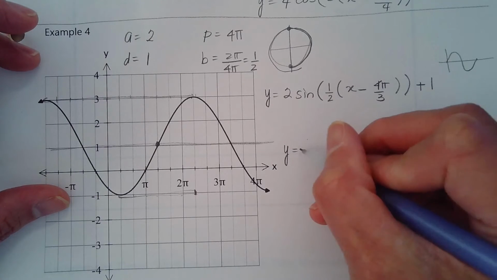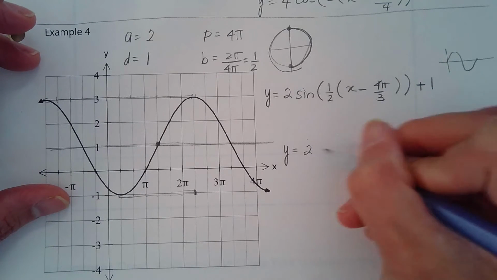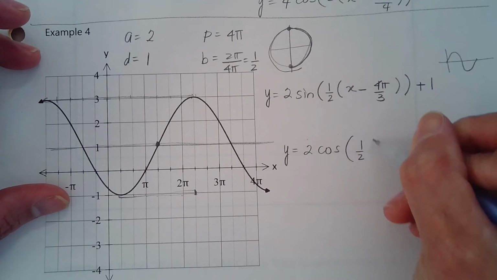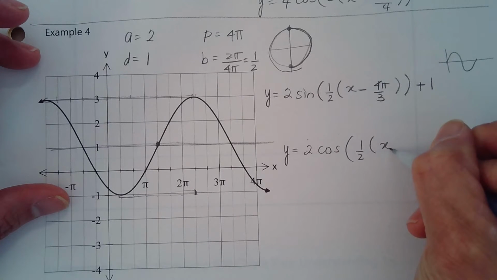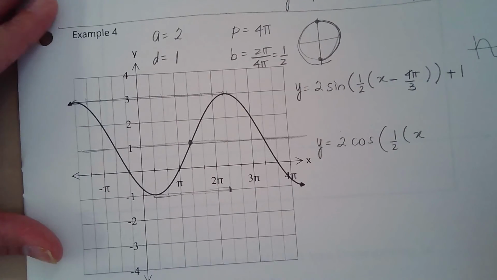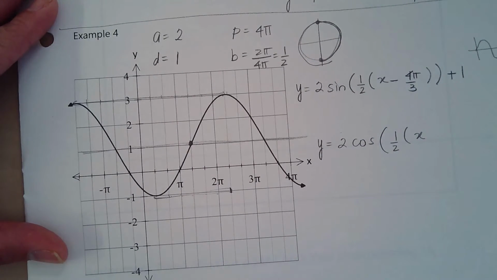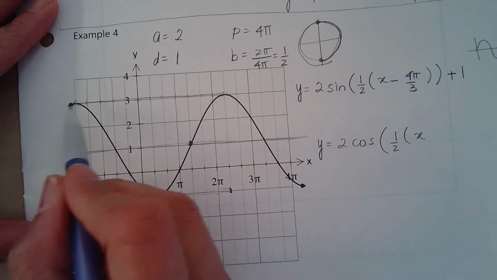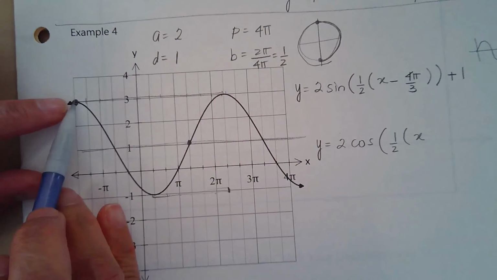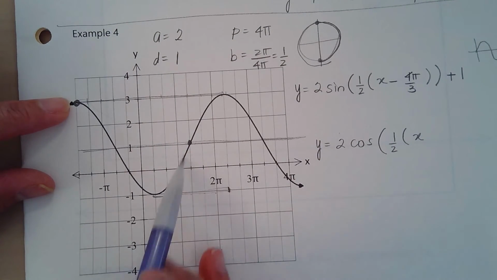Let's do cosine. We can predict it. Okay, 2 cos, brackets, 1/2, brackets x. Where are we going to start our cosine? 5 pi over 3. Maximum to the next maximum. So we have two possibilities here, up here. So this could be my maximum.